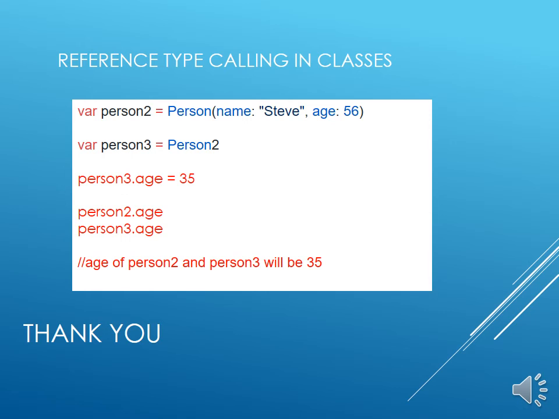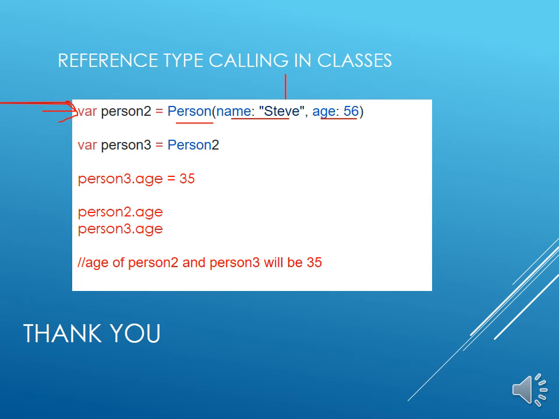Before ending the lecture, I will give an overview of reference type calling in classes. As we know, classes are reference type. First of all, we have declared an object, person2, with the name Steve and age. We created this person class in our previous lecture, which has two properties, name and age.